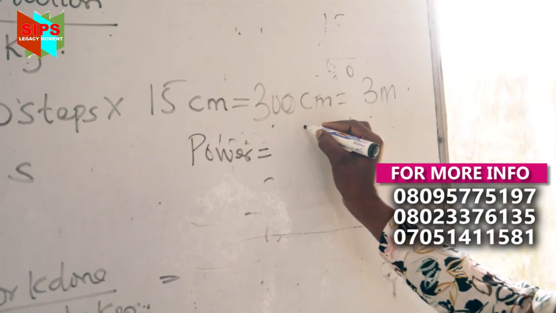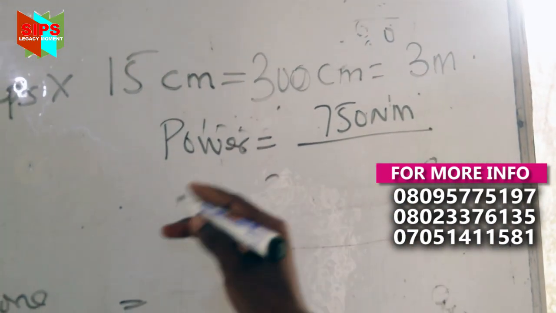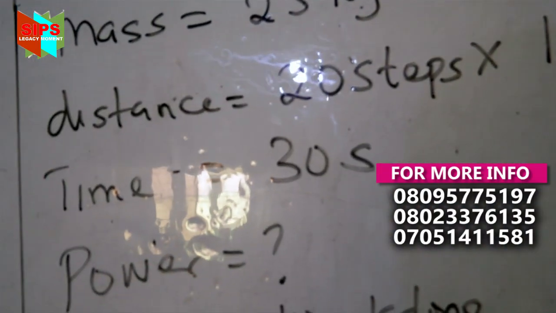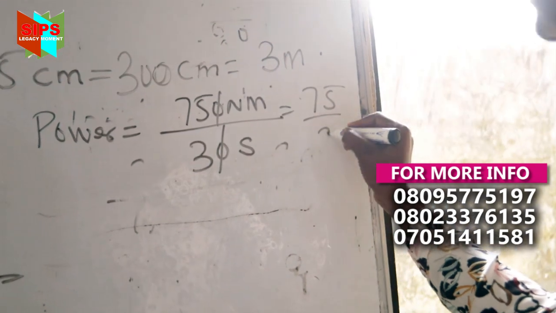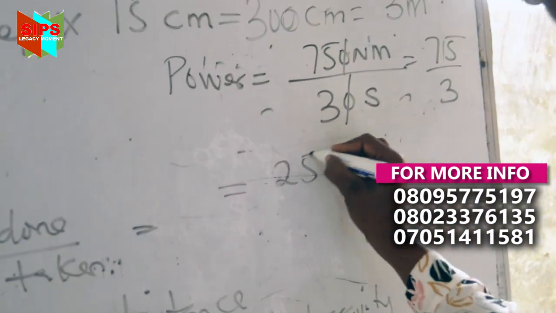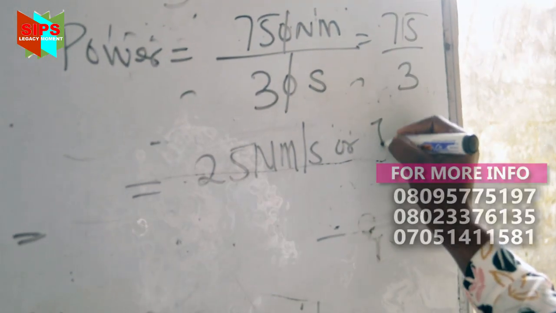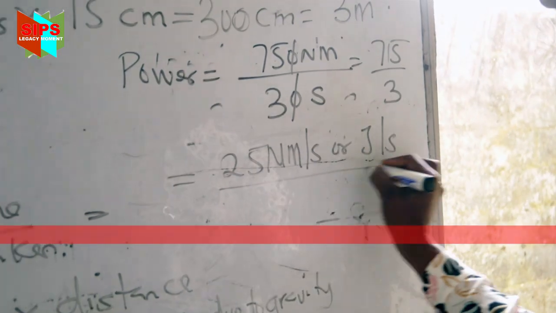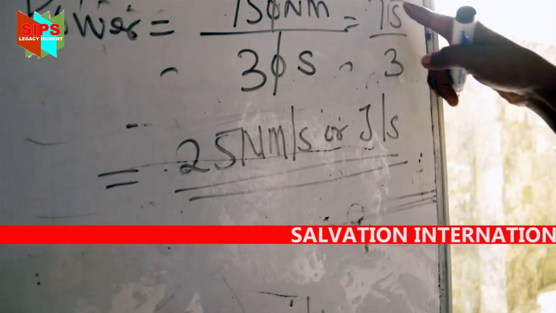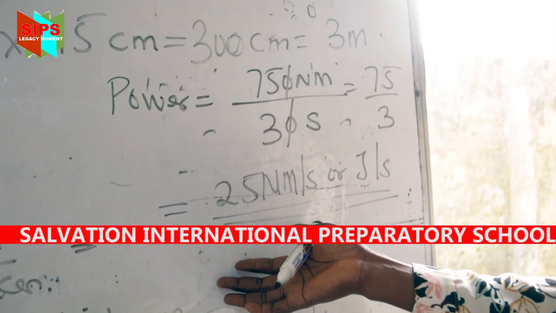So power becomes 750 Newton meter all over 30 seconds. 0 cancels 0, that's 75 over 3. This becomes what? So from the calculation, 75 divided by 3 will give us 25.